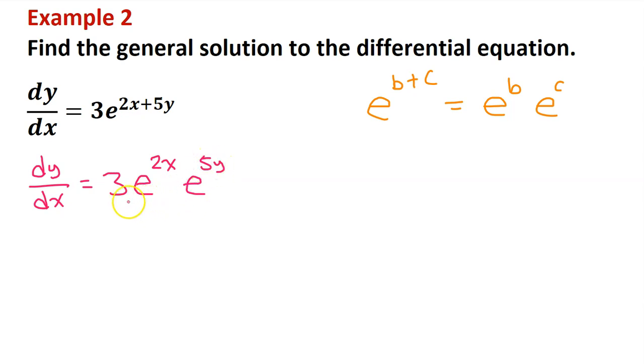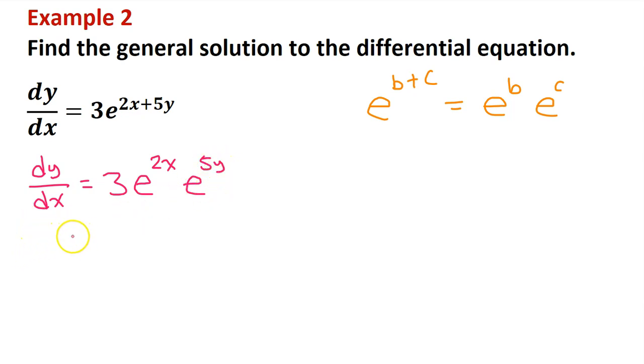Now, we need to have all of the y factors on the left and all of the x factors on the right. We can multiply both sides of this equation by dx. That's going to move the dx to this side. But simultaneously, I'm going to divide both sides by e to the 5y.